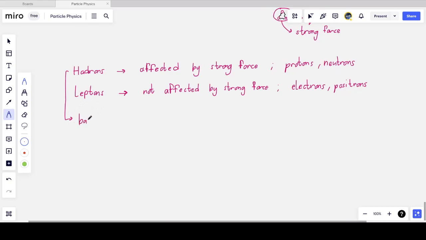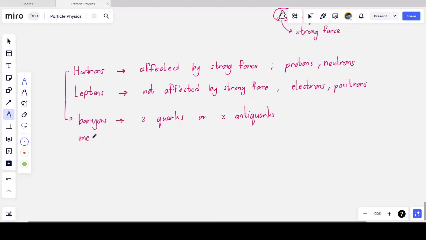And hadrons can be broken down even further to baryons. A baryon is any hadron, any particle affected by the strong force that is made up of 3 quarks or made up of 3 antiquarks. An antiquark is just like a quark, but it's a particle with the opposite charge.